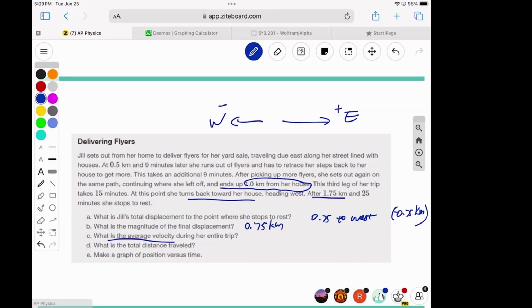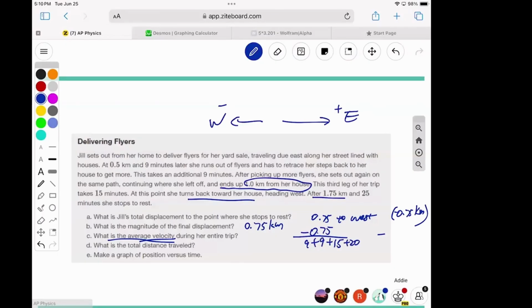Remember, our average velocity is defined as the total displacement divided by the total time. So the total displacement is negative 0.75, and the total time, well, it took a while. So it's first 9 minutes, another 9 minutes, then another 15 minutes, then another 20 minutes.